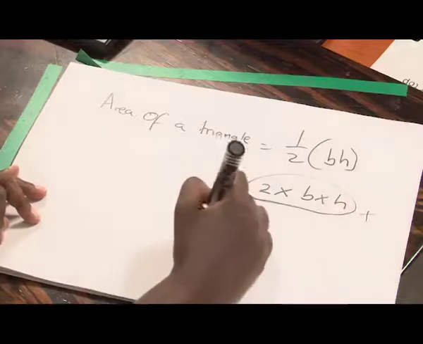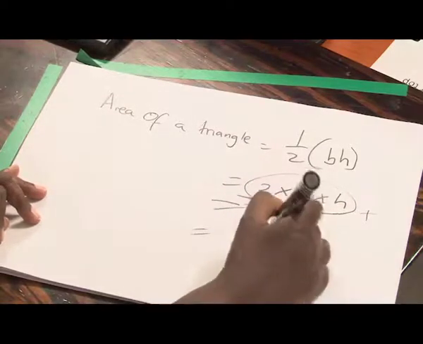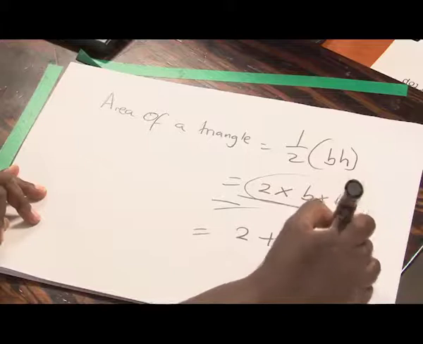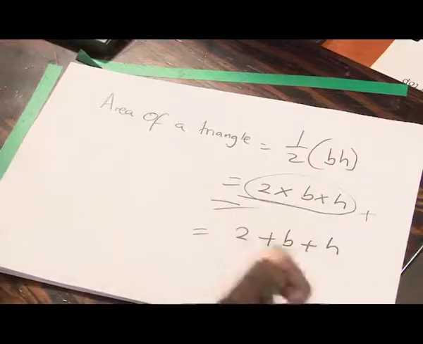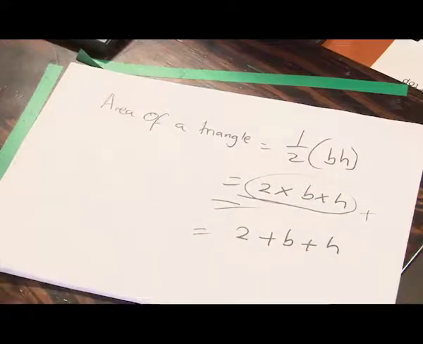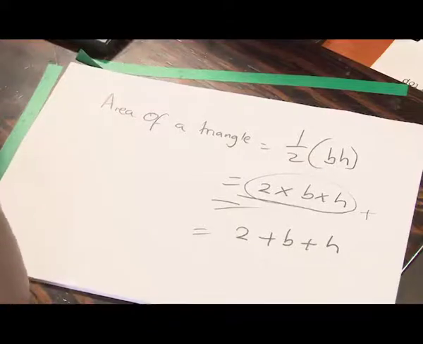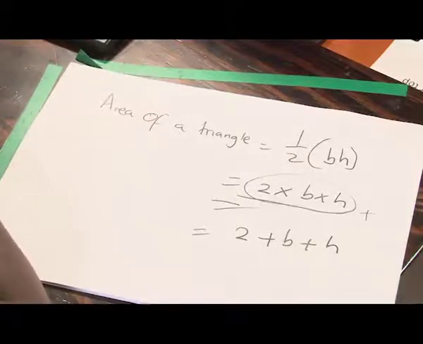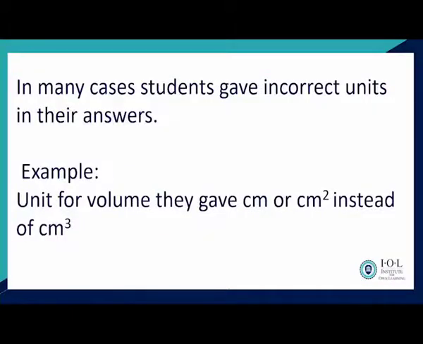Or sometimes they even end up adding 2 plus the base plus the height, and then they end up getting the wrong answer. So you must be sure when you are substituting and when you are doing your calculations that you are doing the correct operations. In many cases, students give incorrect units in their answers.